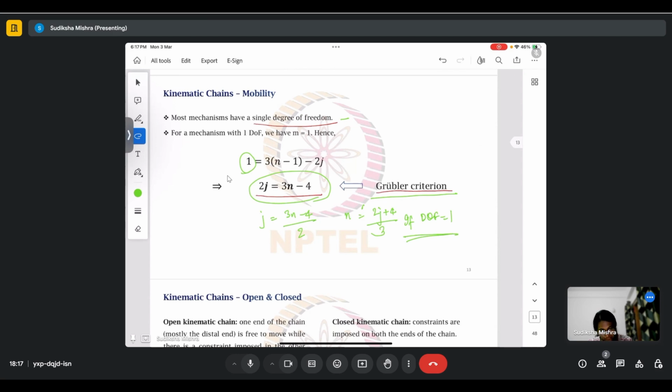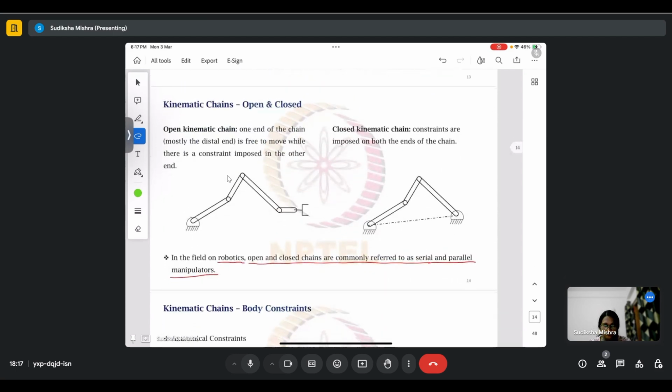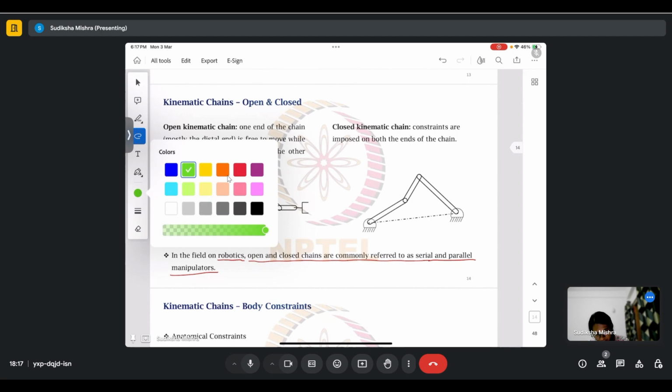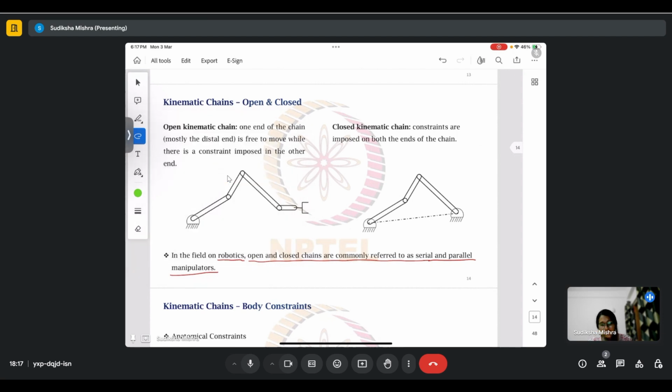Okay, so we now know how many degrees of freedom are there. What are the different kinds of kinematic chain that one might encounter while analyzing a problem? There are 2 kinds. One is known as an open kinematic chain, and the other is known as a closed kinematic chain.